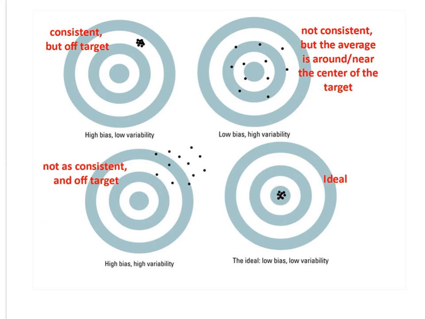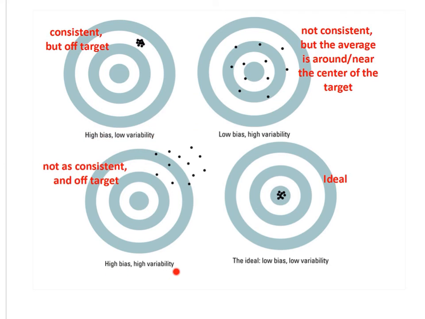So in our class, we're going to have 2 words to describe our consistency and our spread. So bias talks about, are we on target? So high bias means I'm off target, but low variability means I'm really consistent. So if I'm high bias, I'm way off target, but low variability means I'm pretty consistent with my data.